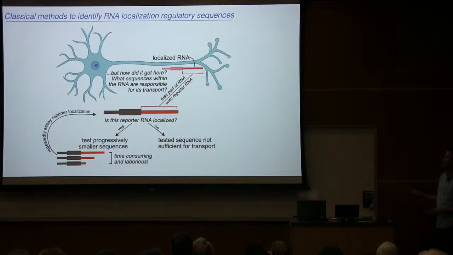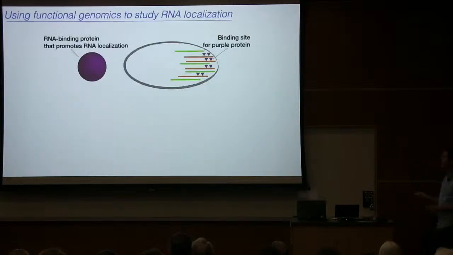Furthermore, after you've gone through all this work, what you've figured out is what's responsible for the localization of this one RNA, which is great, but it's really hard to generalize what you found there to other localized RNAs to figure out how they're getting to where they're supposed to be. So we wanted to come at this problem from the other direction, and take more of a genomic type approach.